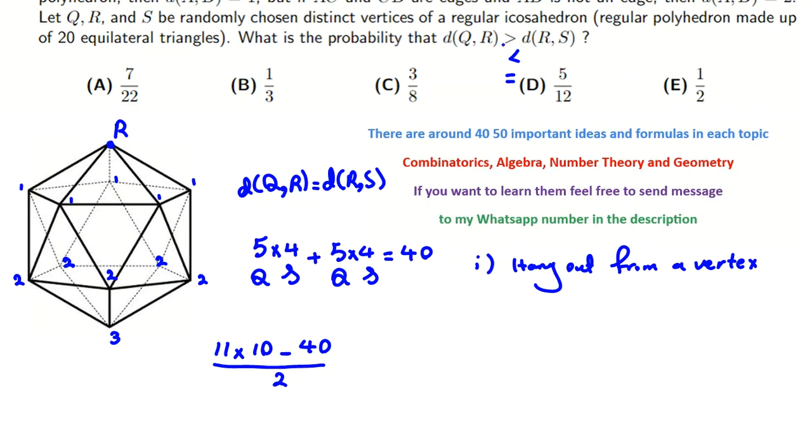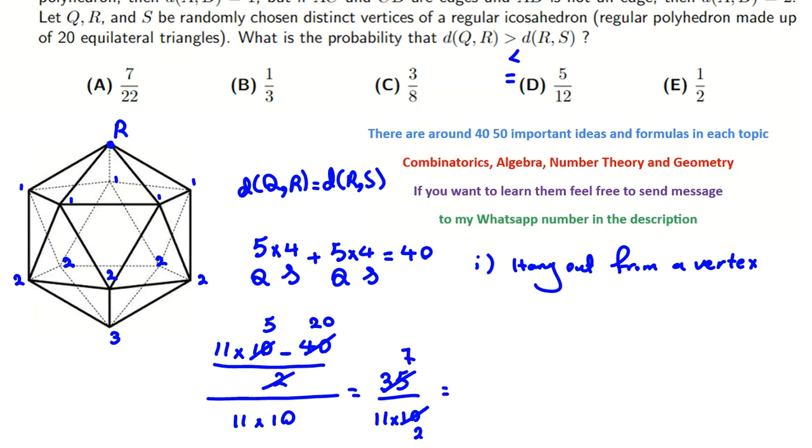By symmetry, the number of cases that are greater equals the number of cases that are less than, so we divide by 2, over the number of all cases, 11 times 10 for Q and S. Let's simplify. Dividing by 2, it will be 5, it will be 20. So 55 minus 20 is 35 over 11 times 10. We cancel 5, it will be 2, it will be 7. So it will be 7 over 22.